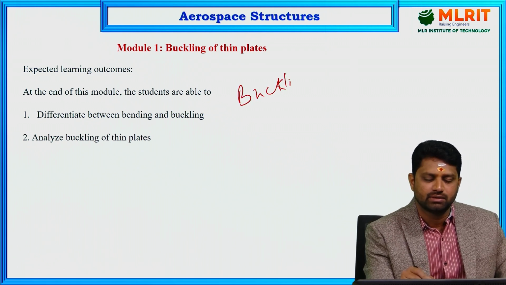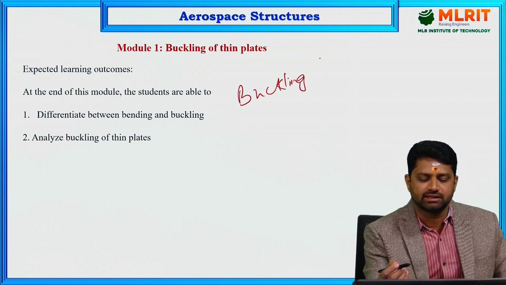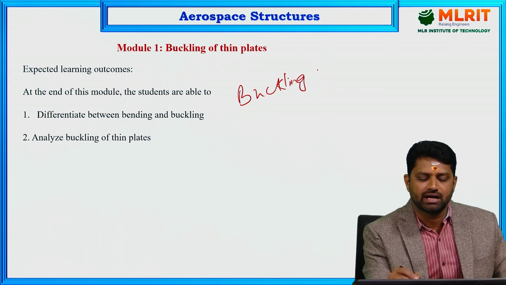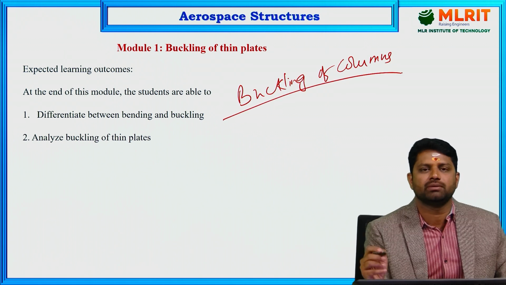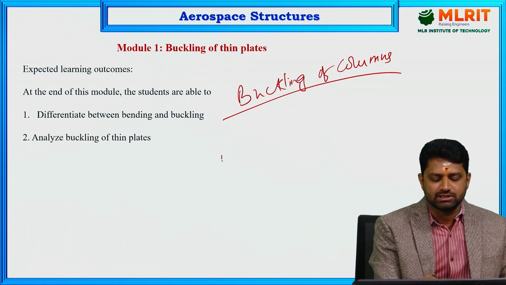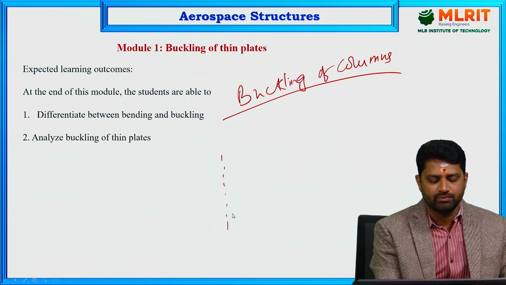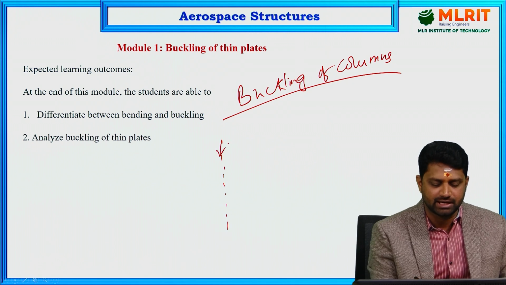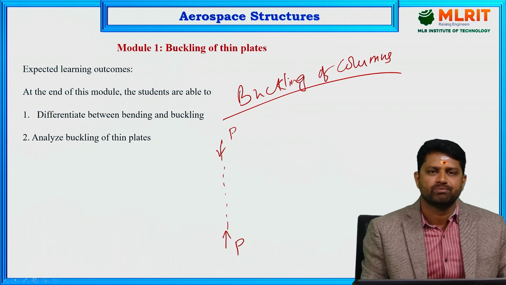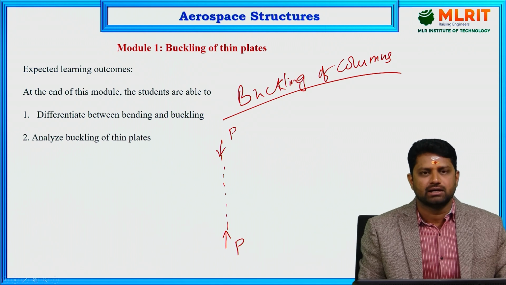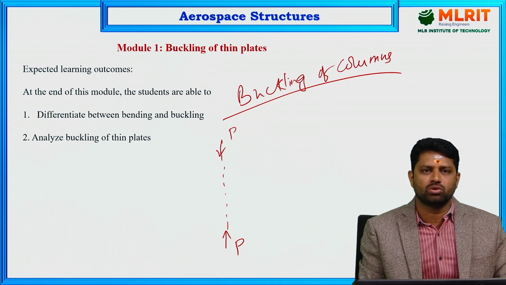In the previous subject, Aerospace Structures 1, we have a topic called buckling of columns. If you look at this phenomenon, buckling of columns, let us try to draw a column, and let us assume the end conditions of the column are hinged or pin jointed, and let us apply an axial compressive load of P.